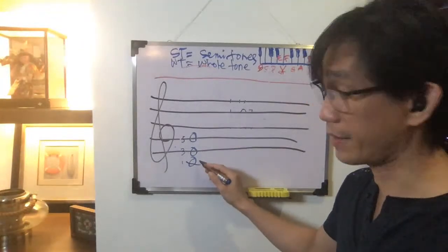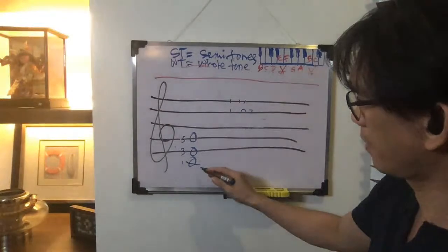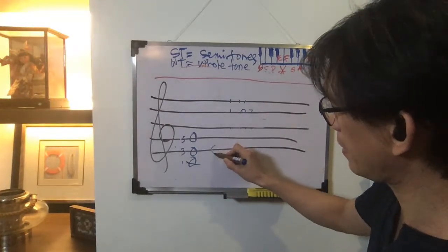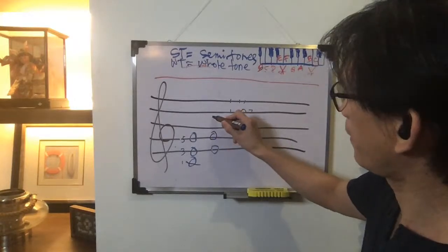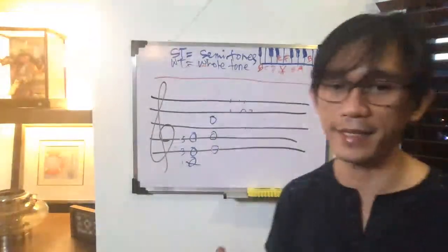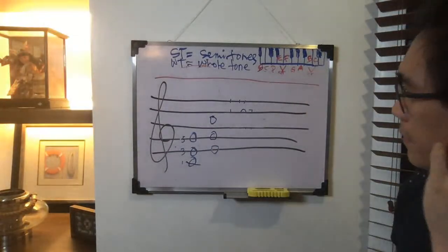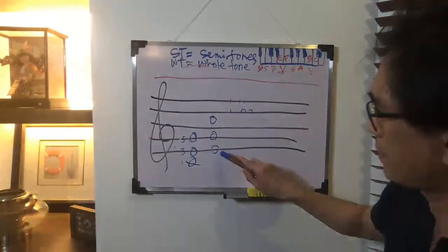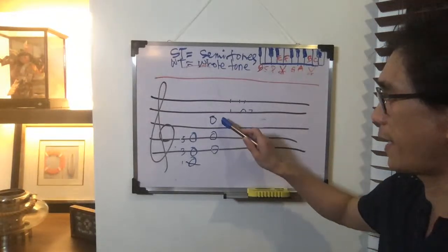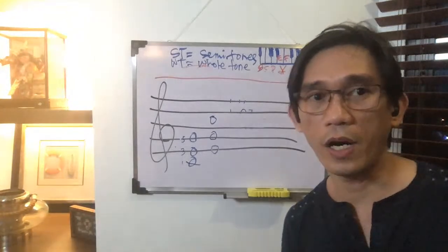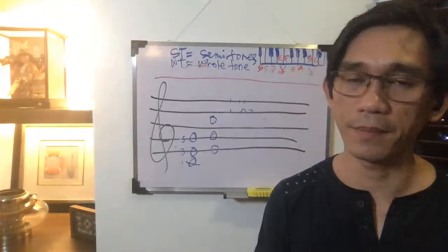Now, let's check this. If I invert, because I said earlier, inversions. So, if the chord you would see is like this, how will you analyze this? So, this is E, G, and C. To analyze the chord, you would always have to rearrange them if they're not in order.